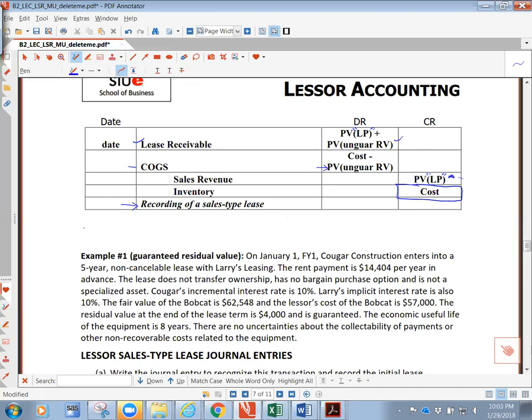So sometimes what we could do is say sales revenue equals lease receivable minus the present value of unguaranteed residual value. And the reason I like this formulation is because a lot of problems give you the lease receivable, and then you'll calculate the present value of the unguaranteed residual value to determine cost of goods sold. So it's just easier to do two subtractions instead of one subtraction and another present value problem. Okay, so that's another formulation.